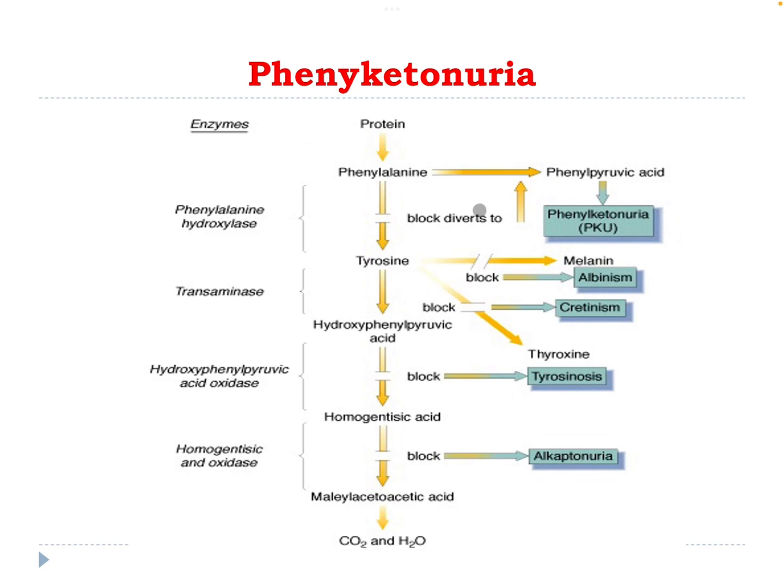In here, albinism will be produced because phenylalanine will be converted into tyrosine, and then tyrosine will be converted into melanin. Another is cretinism, which causes mental retardation, because phenylalanine will accumulate in the brain, causing mental retardation.